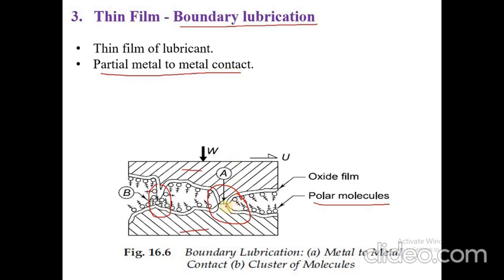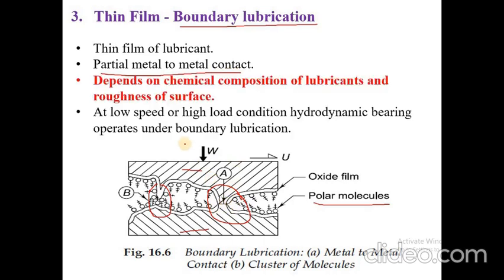Now why does this happen actually? Because this thin film lubrication depends on chemical composition of lubricant basically, as we are saying that lubricant should have polar molecules, so it depends on chemical composition of lubricants and it depends on the surface roughness. So here in this region A, there is a contact due to the rough surface. So on these two properties, thin film lubrication depends.